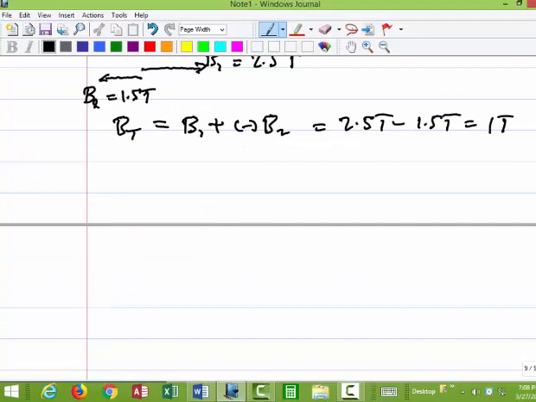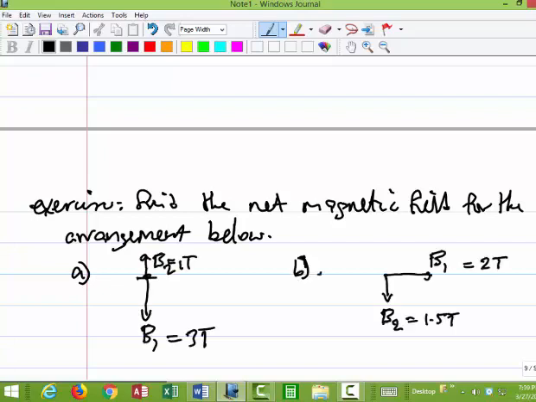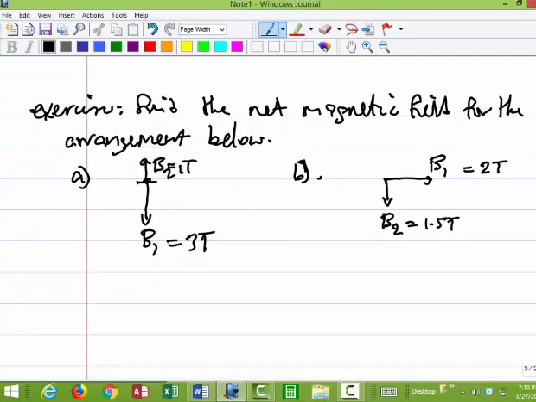Okay, so here's an exercise. Let's find the net magnetic field for the arrangement below. Let's say for part A, the field lines are B1 and B2. Do that exercise and tell me what you get. Let's use a convention that up is positive and down is negative.